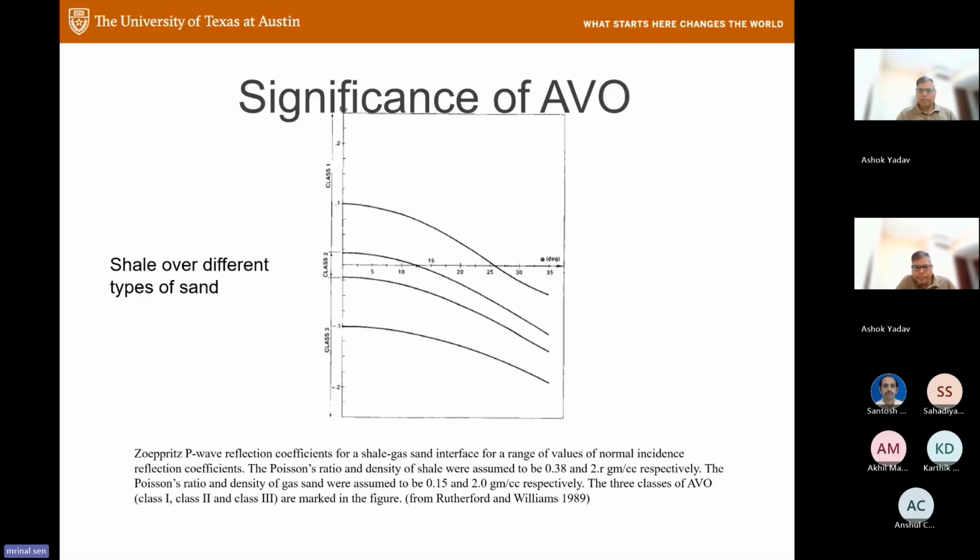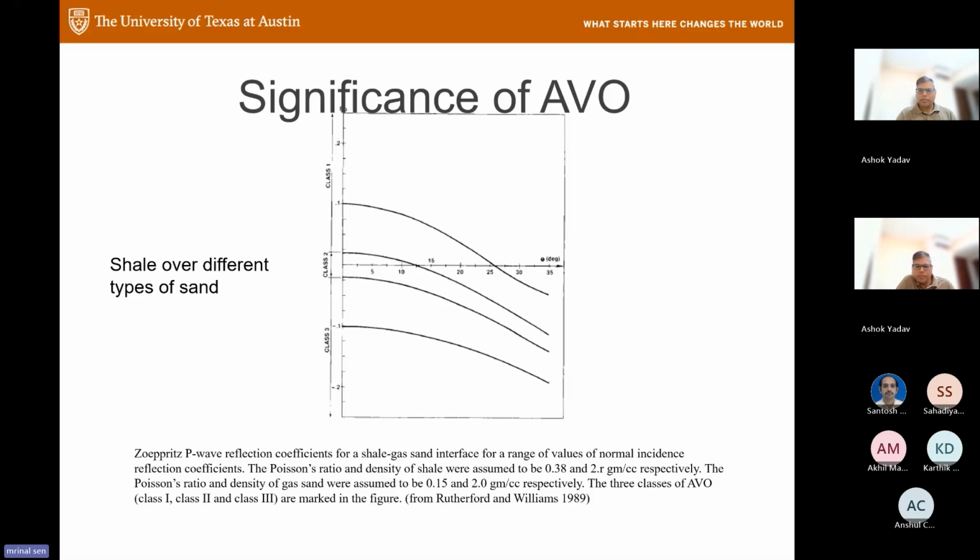Okay, so this is something that motivated all the studies of AVO. This is a paper by Rutherford and Williams. And after this paper was presented at AAPG, AVO became a hot commodity for the whole seismic technology people.